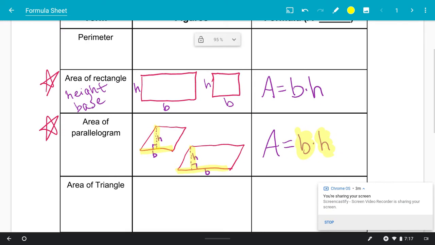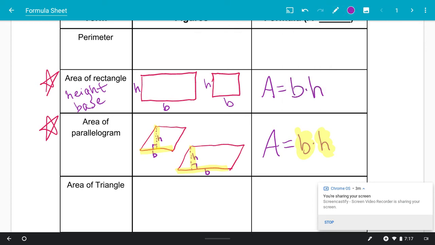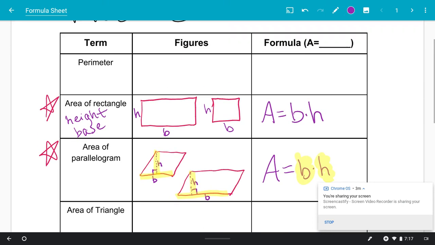All right, and then before we start looking at some examples, there's one other word we need to talk about, and that is perimeter. So perimeter is kind of its own thing. So this and this do not apply for perimeter. Perimeter is the same for every shape. Perimeter means the total distance around the outside.